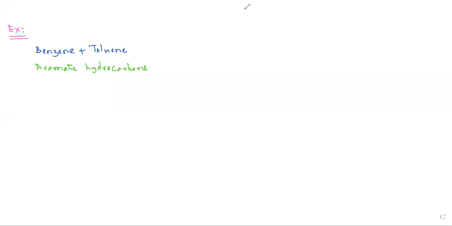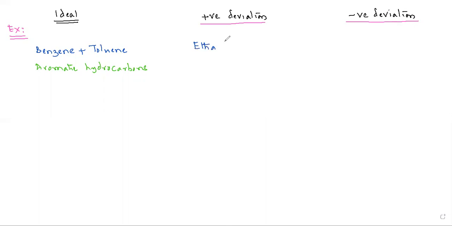Now, for non-ideal solutions showing positive deviation and negative deviation, let us also see some examples. A very interesting example for positive deviation is ethanol and acetone.